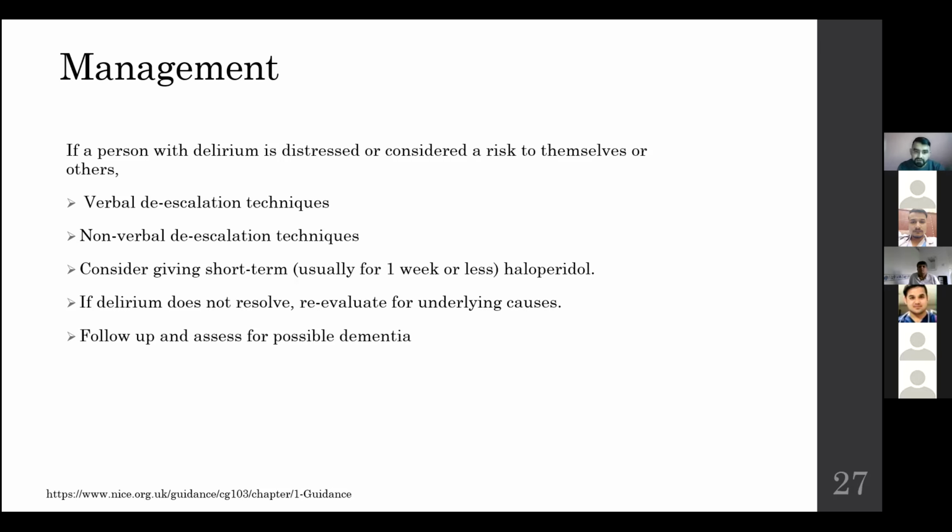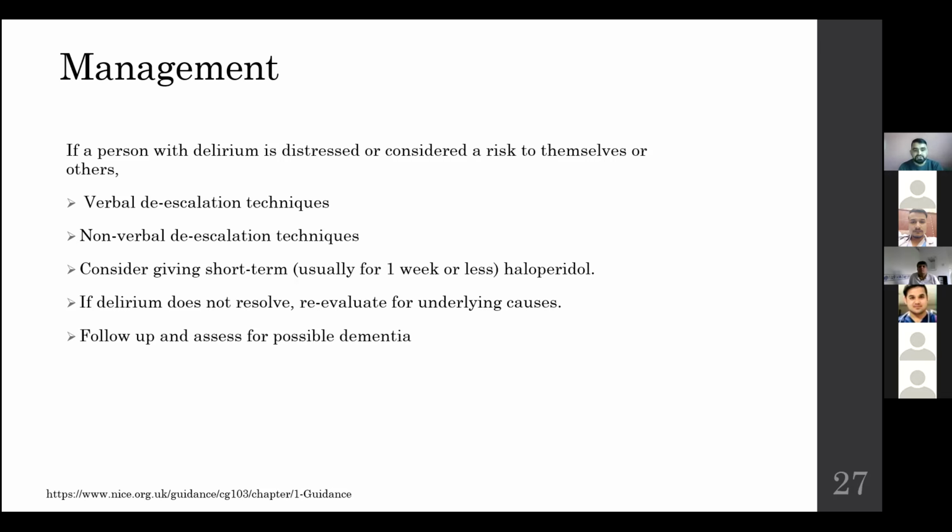For non-verbal de-escalation technique, usually you should appear calm and self-assured. Even if you don't feel it, you should act self-assured and maintain limited eye contact with the patient. These are the non-verbal de-escalation techniques.